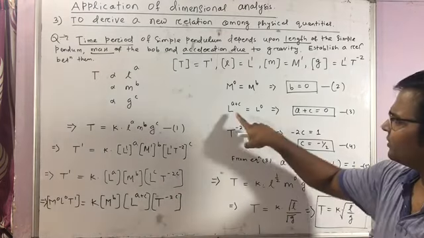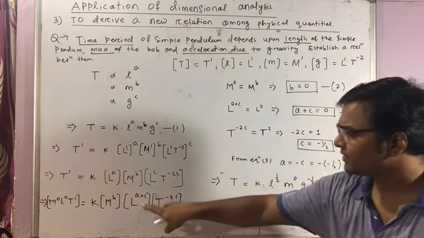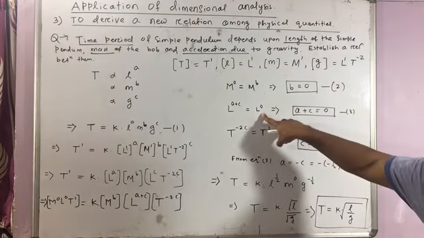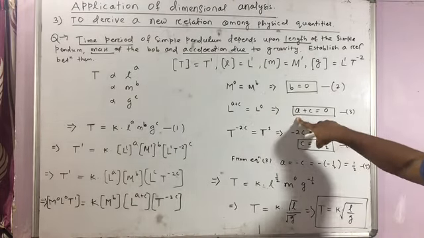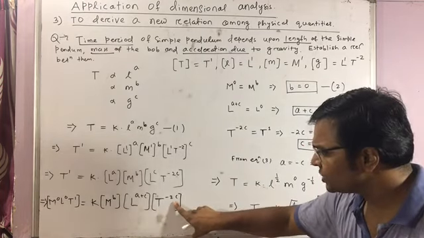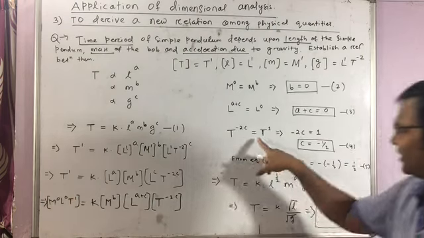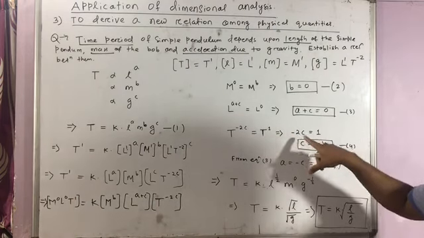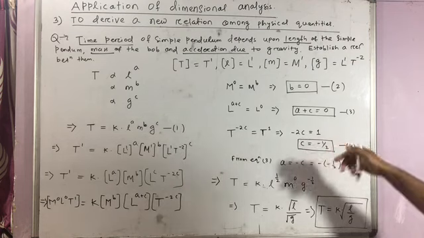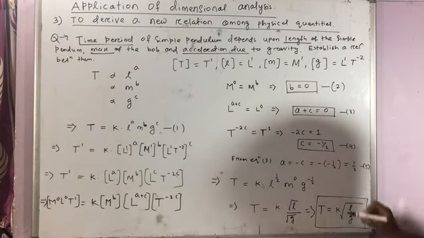The second one is L to the power a plus c, compared to L to the power 0, you are going to get a plus c is equal to 0. Now T to the power minus 2c is equal to T to the power 1, the third one. So you are going to get minus 2c is equal to 1, and c is equal to minus 1 by 2.